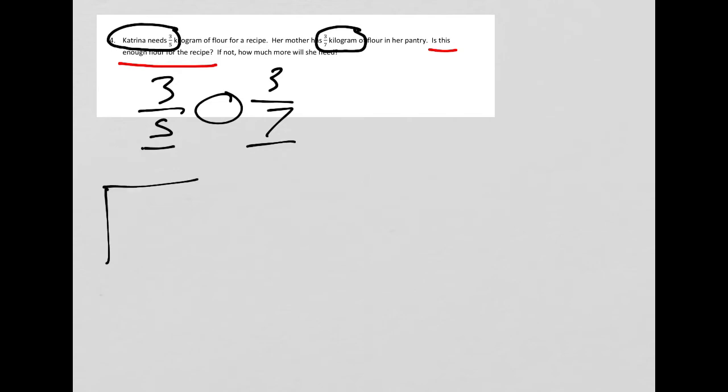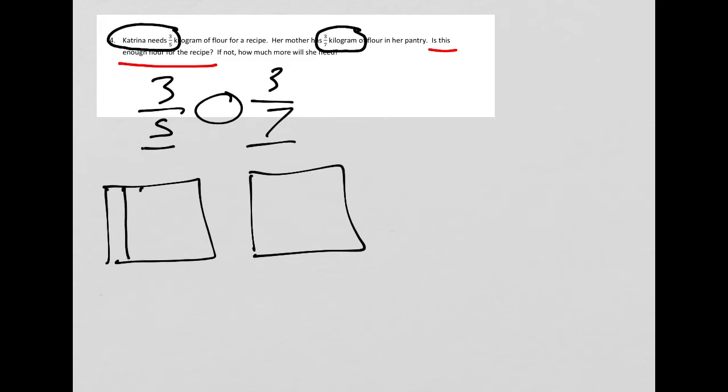Right now, I can't really tell, because I don't know if it's greater than, less than, or equal to. I'm not sure because my denominators are different and I cannot compare fractions until they have the same denominator. So I need to make these fractions have the same denominator, and I'm going to do that using my rectangle fraction model skills to give some common denominators.